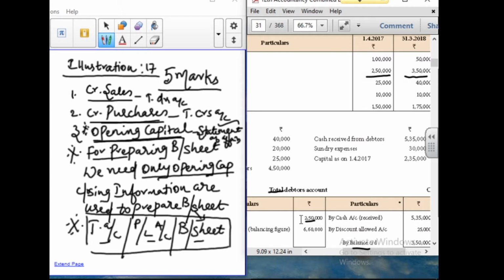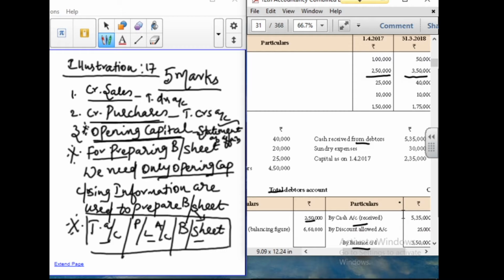Next, cash received. Cash received is 5,35,000. Cash received from debtors they have given here. See, we have transferred this amount. So opening is there, closing is there. Opening amount we have taken from the opening 1/4, closing we have taken from 31/3. Cash received is 5,35,000. Next, other is discount allowed.